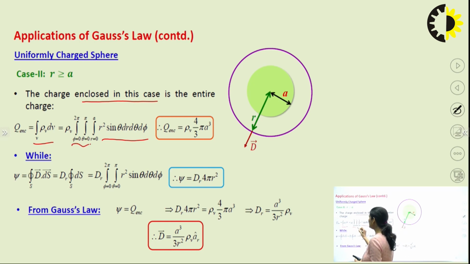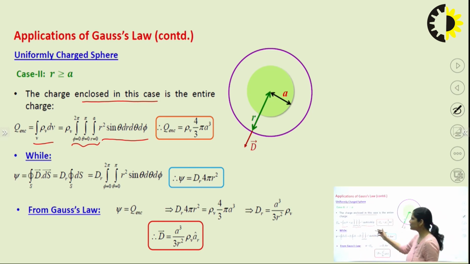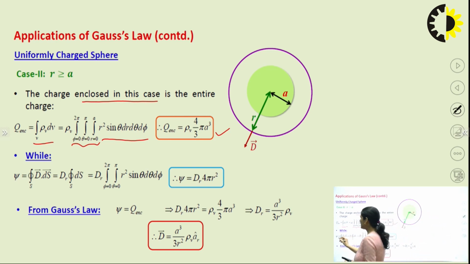Now take the limits of r, theta and phi. r is equal to what? 0 to a, theta is 0 to pi, and phi is 0 to 2 pi. Now put all these values and you can find the enclosed charge, that is equal to rho V times 4 upon 3 pi a cubed. While we have to calculate flux, flux is equal to what?